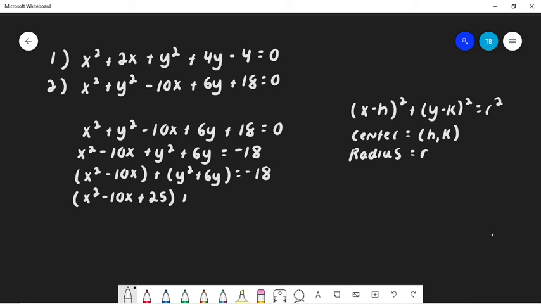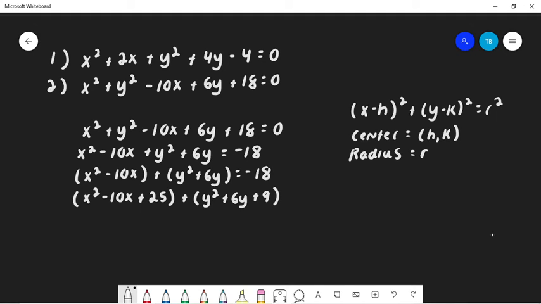Then we do the same thing with the y's. We're going to complete the square. So it's y² + 6y. And then the constant will be the coefficient of the linear term, that's 6, divide by 2 to get 3, and then square it to get 9. So we're going to add 9 here. All right.